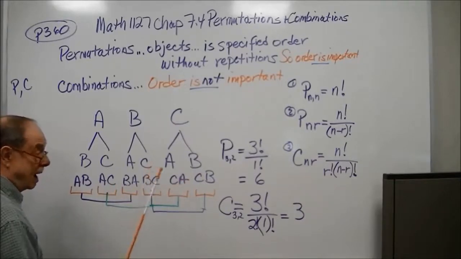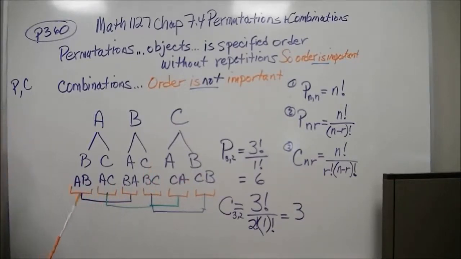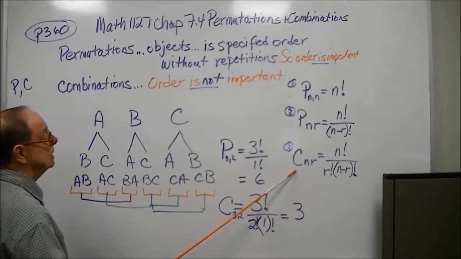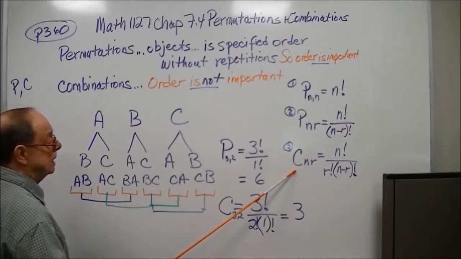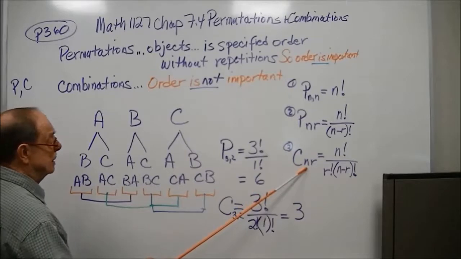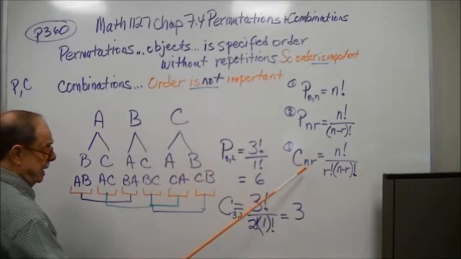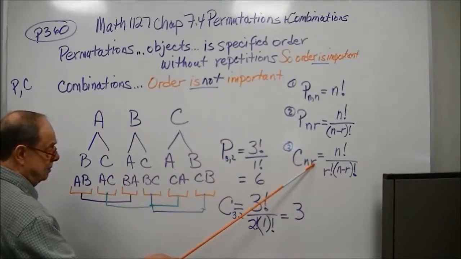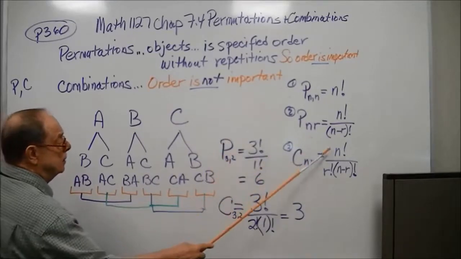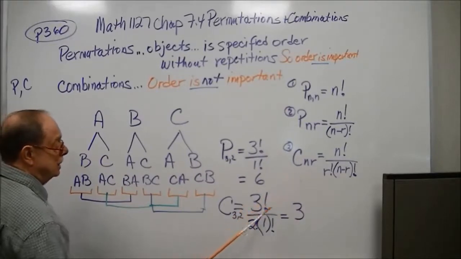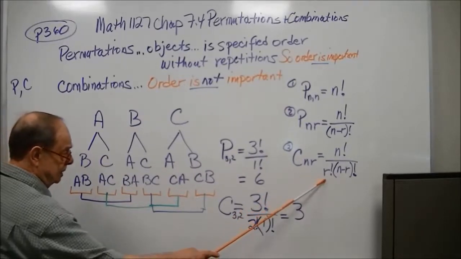So how many combinations do we have where order is not important? Well, we're using this formula that we haven't really officially introduced, but we're using it. Our number of items to choose from is n, which is 3. And the items that we want to pick out are 2. So here we put 3 factorial. Our r is 2 from this formula.